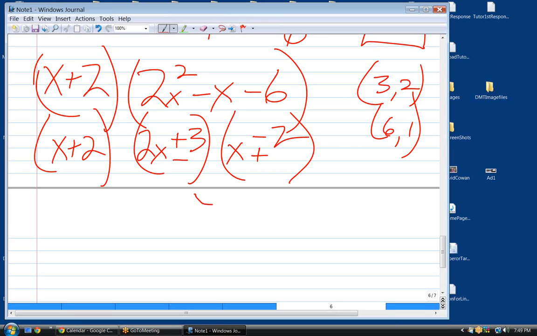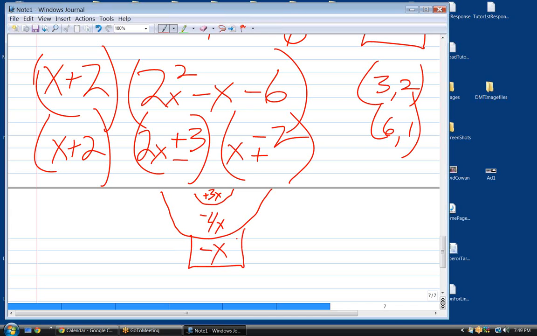I multiply the insides together, I multiply the outsides together, and I add them together. The inside is plus 3 times x, so that's plus 3x. The outside is minus 2 times 2x, that's minus 4x. Add those together, you get minus x. That is our middle term. That does factor that way.